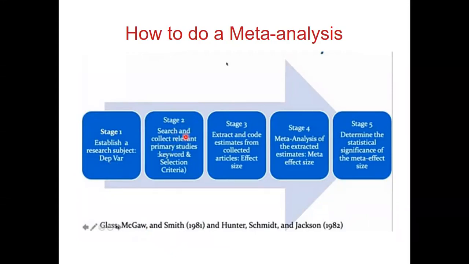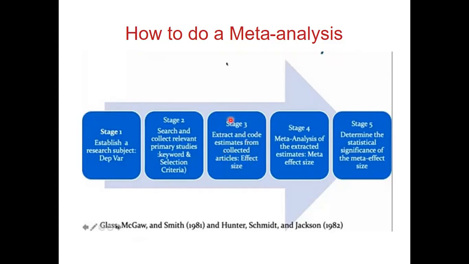Then stage number two, search and collect relevant primary studies using keywords and the selection criteria. Now, this is systematic literature review embedded in stage number two, okay? Then you extract and code estimates from collected articles to establish effect size.